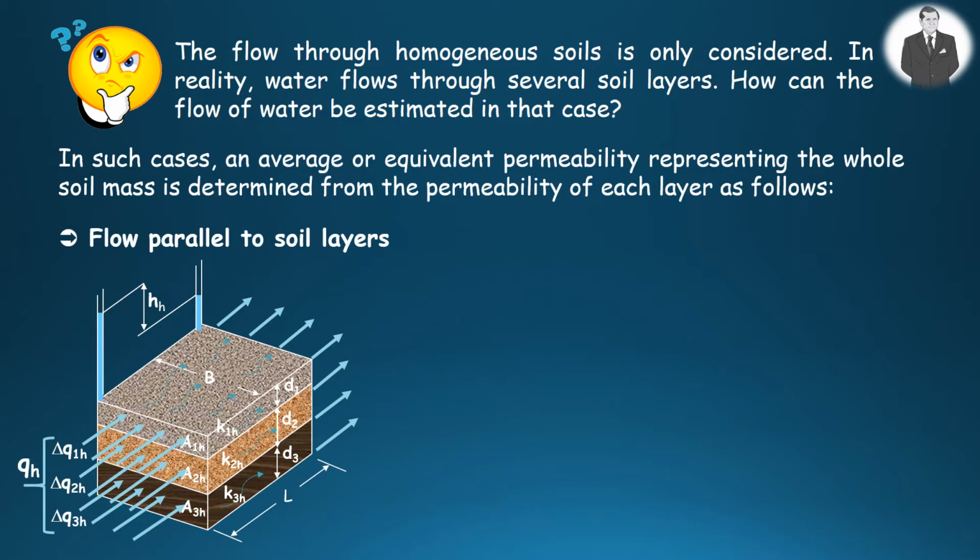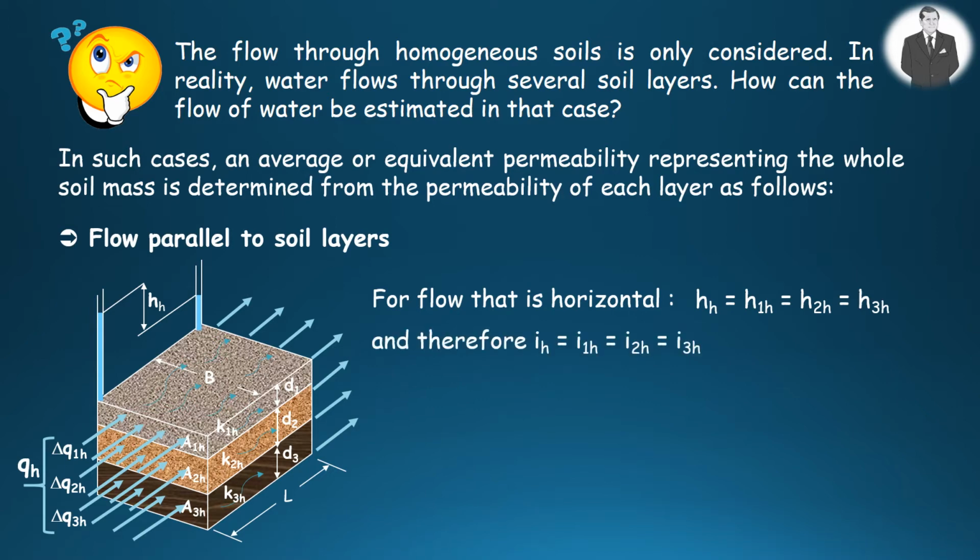Each has different properties in terms of permeability and thickness. And the soil mass is subjected to horizontal flow. For flow that is horizontal, head loss for each layer will be the same.